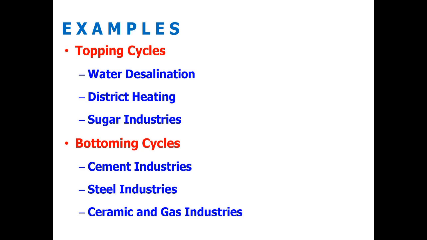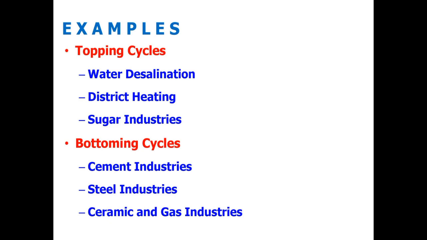And the third one is sugar industry. In the sugar industry, with the help of the power plant only, the sugar cane juice is converted into saccharides of sugar, like glucose, fructose, and sucrose.